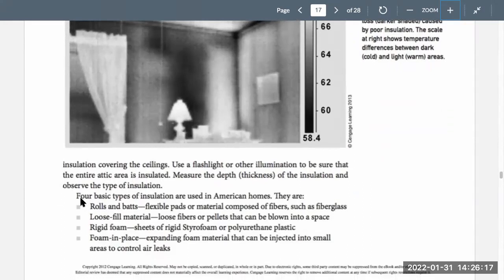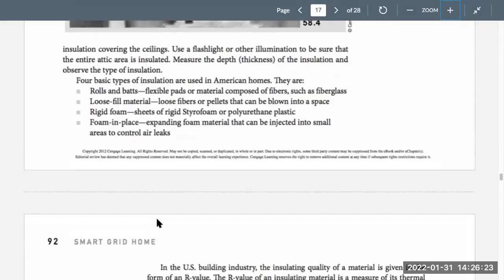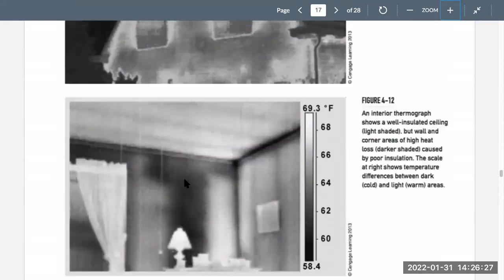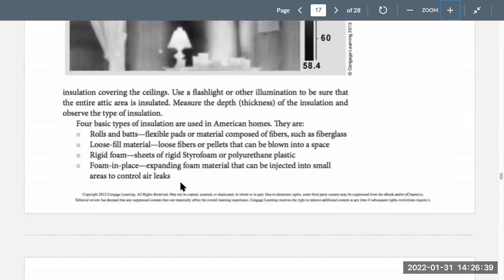So rolls and batts versus foam versus blown fibers. That's one of the problems with blown insulation, it falls down over time into the wall. And so only half the wall may be insulated, where the top half needs more insulation blown into it. It just compresses over time.